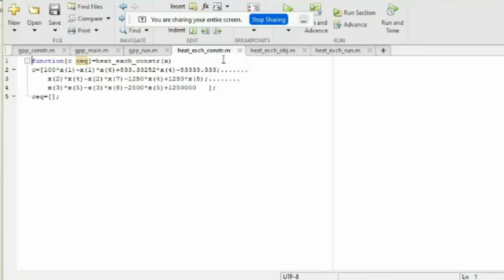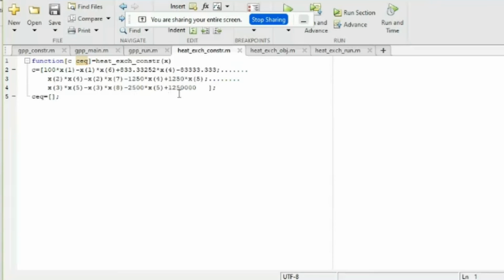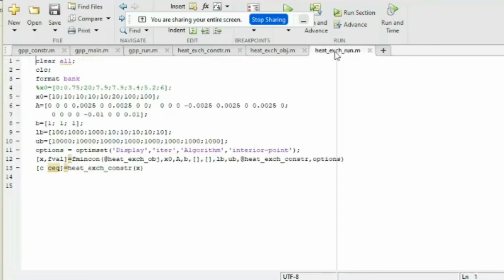Yeah. So here is the m file for the heat exchanger objective function. There is an m file for the objective function. Then again regarding the heat exchanger problem, another m file for the nonlinear inequality constraints. Then again another run file. If we run it, we will get the solution for this.